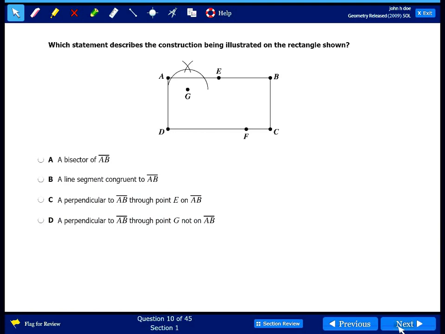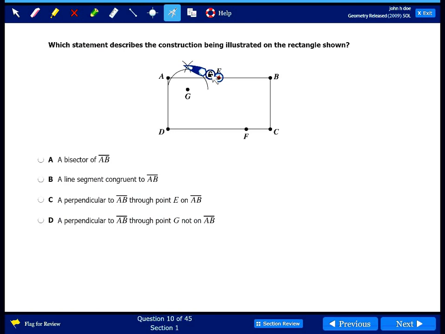This one here says, which statement describes the construction being illustrated in the rectangle shown? So to do this, let's make the construction again. The first step is actually too small to put on our compass, but we should be able to put that line right there if you can visualize that. And then the other thing you're doing is taking this. Again, it's too small, but we should be making the lines.